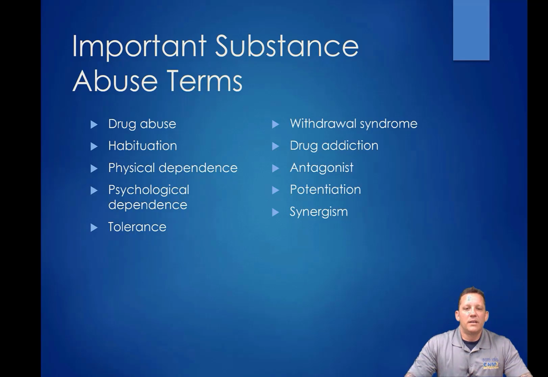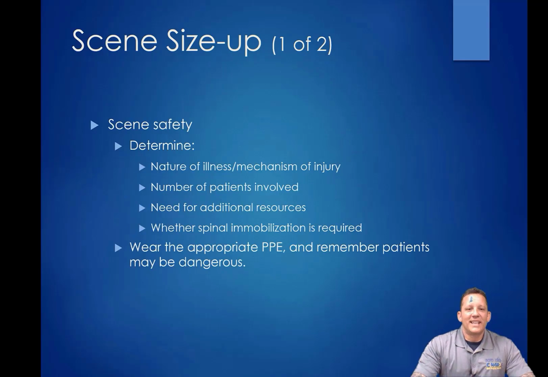A good example would be if I had a drug that produced, on a scale of 1 to 10, a level 2, and another drug that also produced a level 2. Combining them, you would think they would be a 2 or a 4 by additive numbers or averaging. But in reality, these two drugs will potentiate and create the synergy of, say, a level 8 experience on this particular compound.